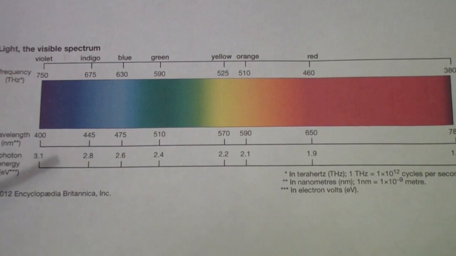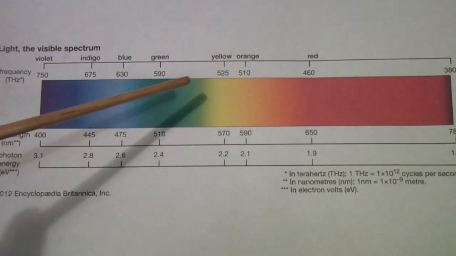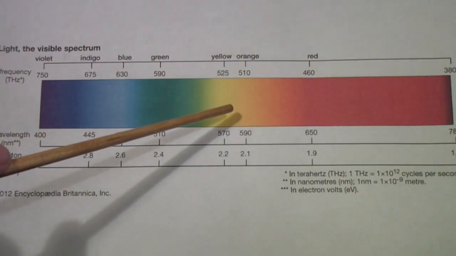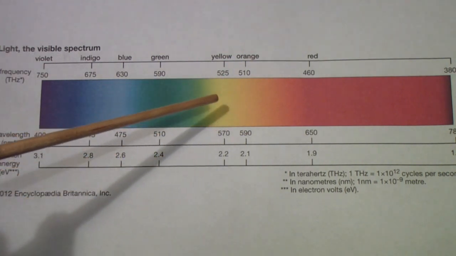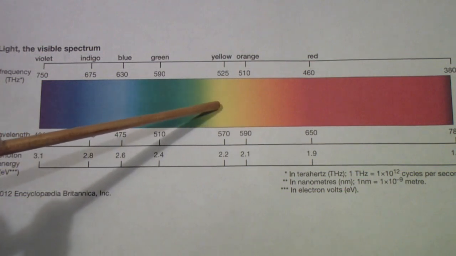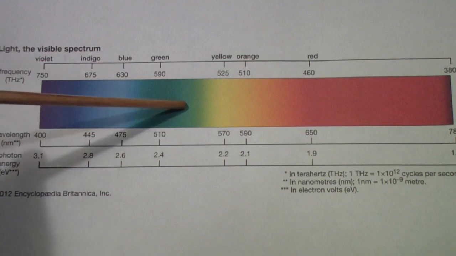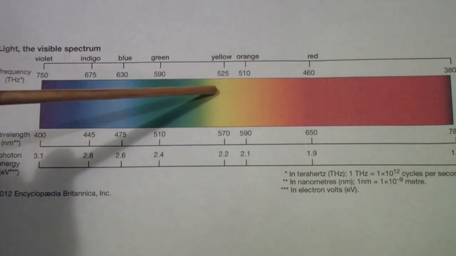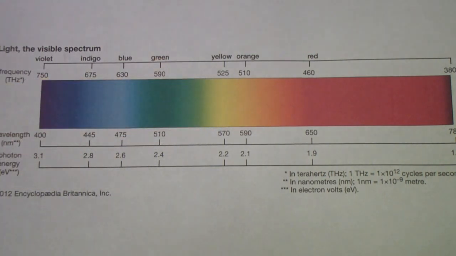And our eye is not equally sensitive to all of this. Actually, most of the sensitivity of our eye peaks in the yellow and green region, and that's because that's where sunlight is mostly. Yellow, of course, sunlight. Green occurs a lot in plants because of photosynthesis. So if you want to survive in the jungle, this is where you want to be able to see the best, and that's why our eyes are so good at that area.